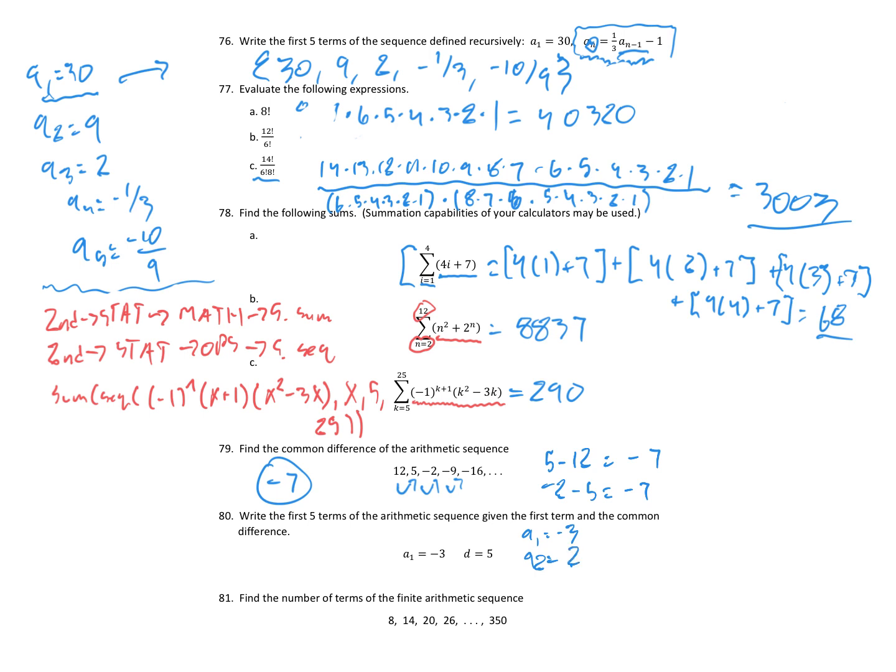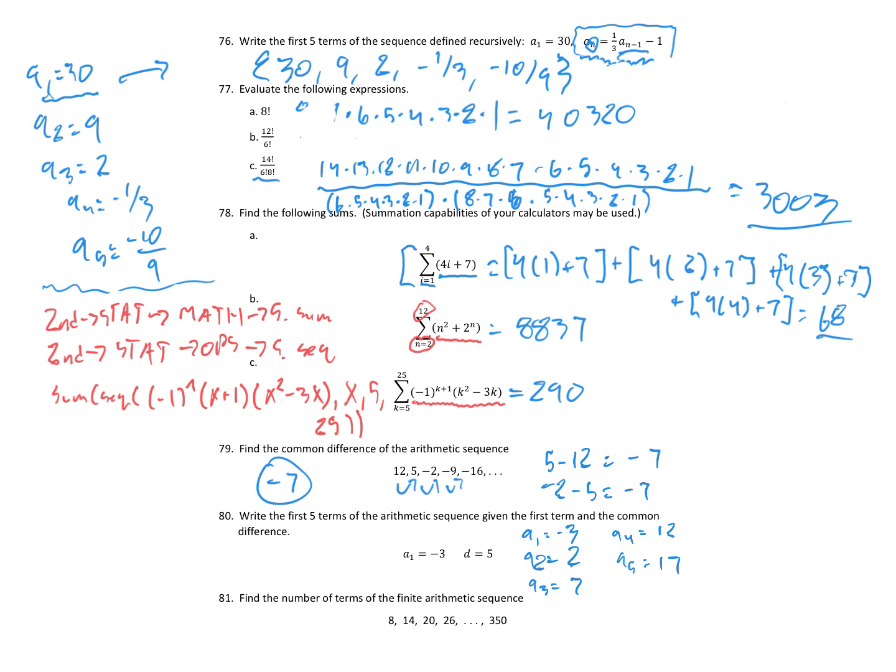That's 2. Well, that plus 5, what's that? 7. That plus 5, what's that? Well, that's 12. Plus 5, what's that? 17. So check it out. There's the first 5 terms right there.